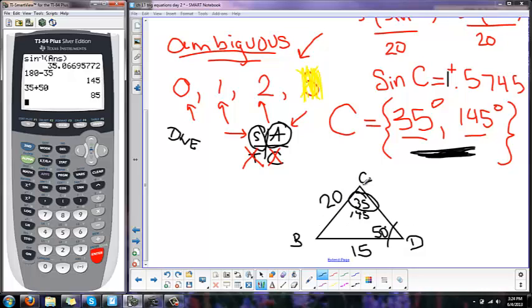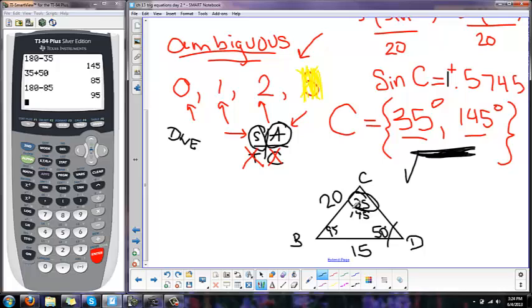Well, if the whole triangle is 180 degrees, that's fine. That means that we are left over with 180 minus 85, that's 95 degrees. We're left over with 95 degrees, so angle B could be 95 degrees, which is fine. So 35 degrees works. That makes sense within the triangle.